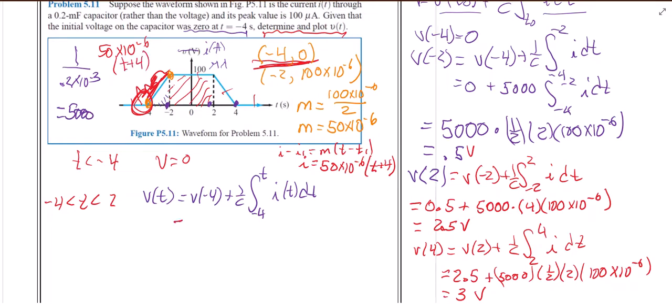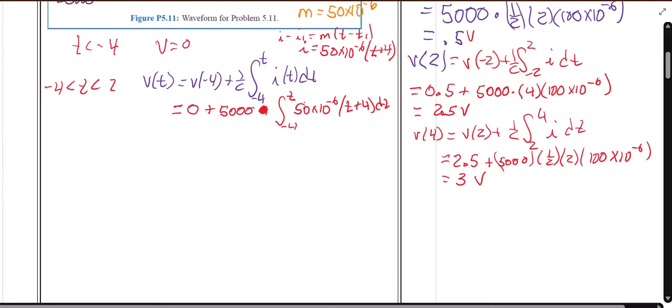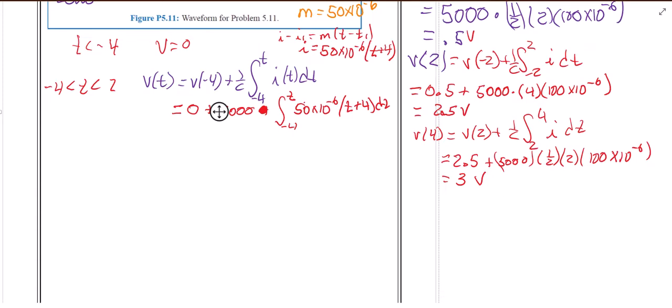Okay, so now our voltage equation becomes v of -4 was 0, plus 1 over c, which is 5,000, times the integral from -4 to t of 50 times 10 to the -6 times t plus 4 dt. And if you take the 50 times 10 to the -6 out and multiply it times the 5,000, you get 0.25.